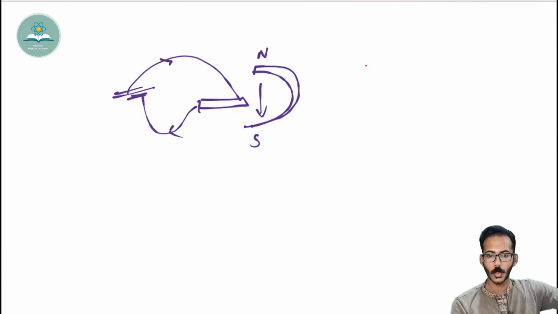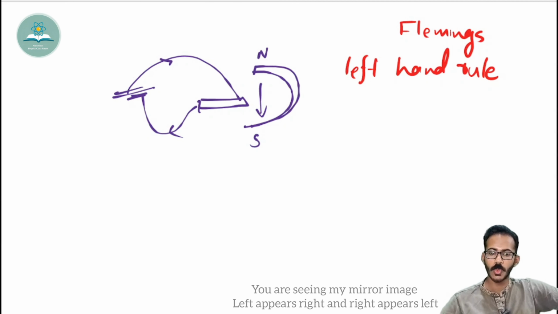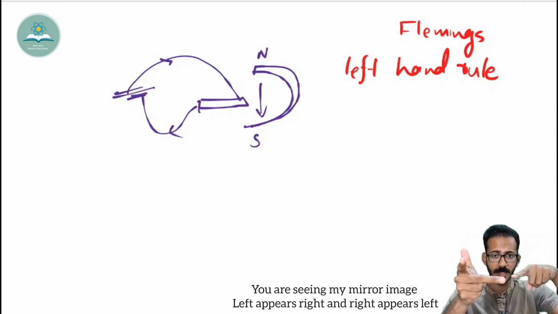This can be done with the help of Fleming's left hand rule. So here we have the magnetic field created by the magnet. We have the direction of current, and we are going to find out in which direction will the object move. So for that, use your left hand. Here the long middle finger shows you the current. Remember that the chapter is all about current.